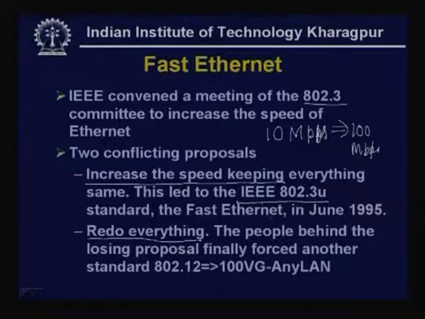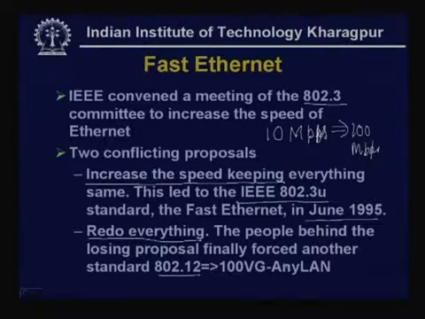This is essentially fast Ethernet, and it was proposed sometime in June 1995. But another group suggested that you simply discard the Ethernet scheme and propose a fully new standard, which was known as 802.12, essentially 100 VG AnyLAN. Data transfer rate is again 100 megabits per second.